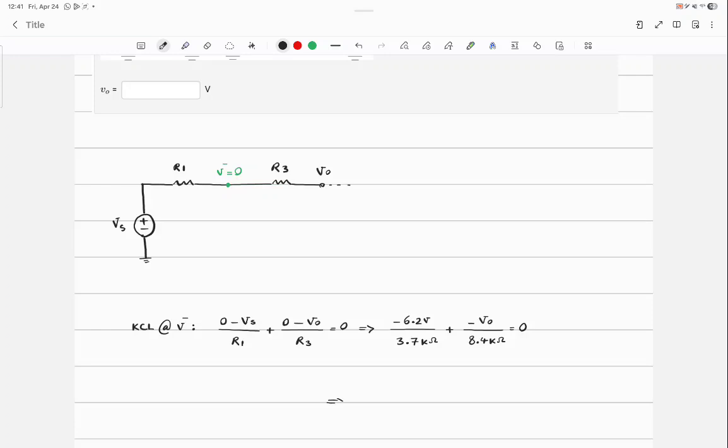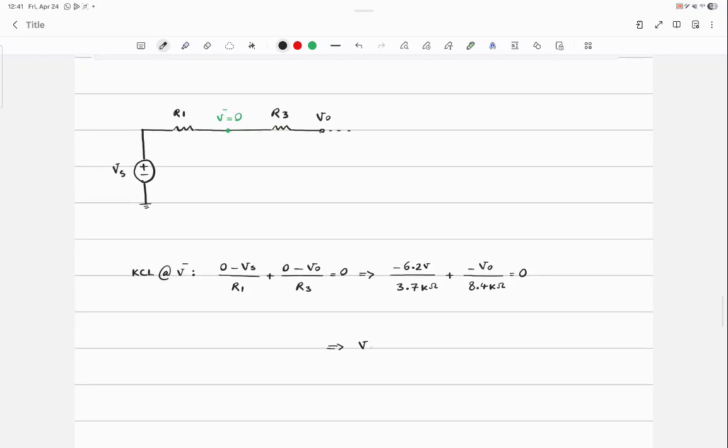Can I find VO from here? Yes. VO is negative 14.11.